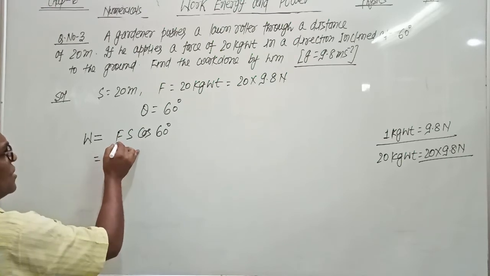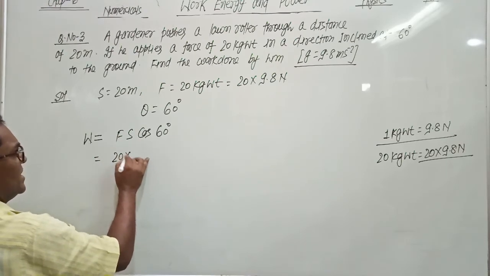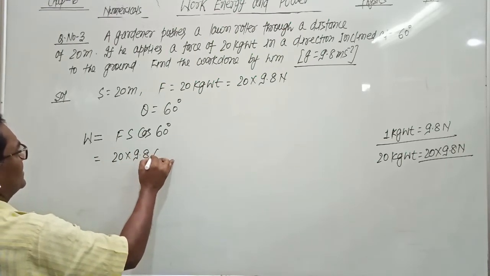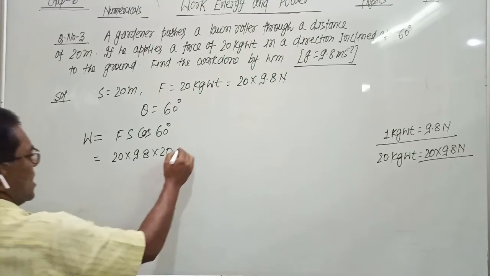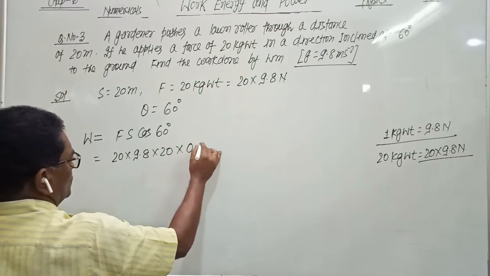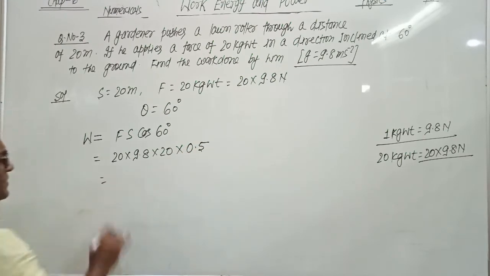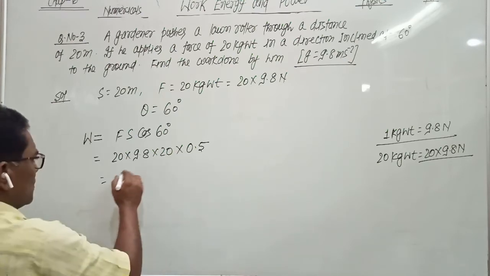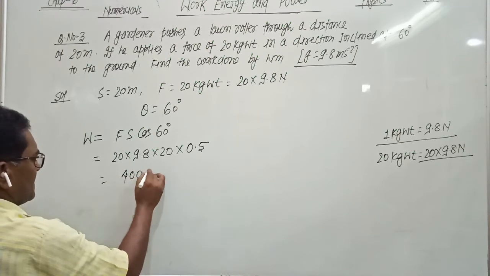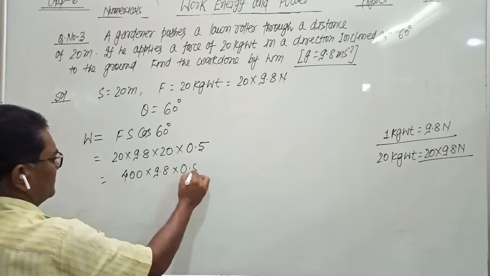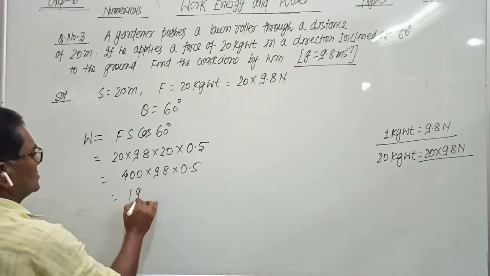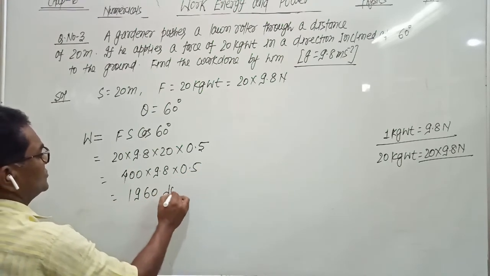So we put the value of F, 20 into 9.8, and displacement is 20, and cos 60 degree is 1/2, means 0.5. So 20 into 20, this is 400, into 9.8 into 0.5, and after solving we get 1960 joule.